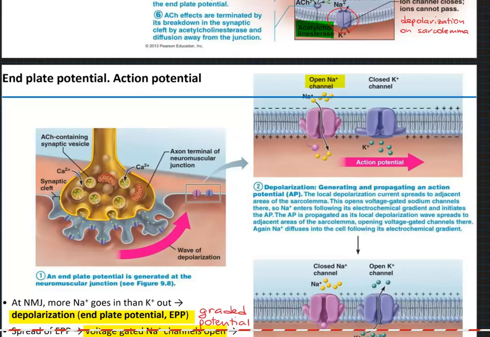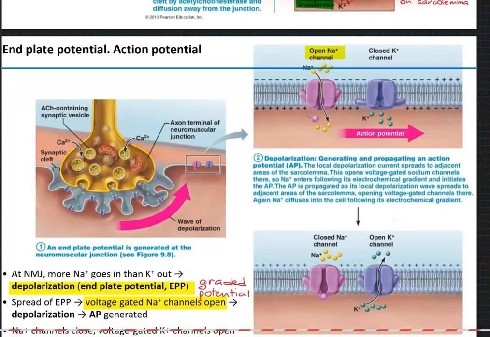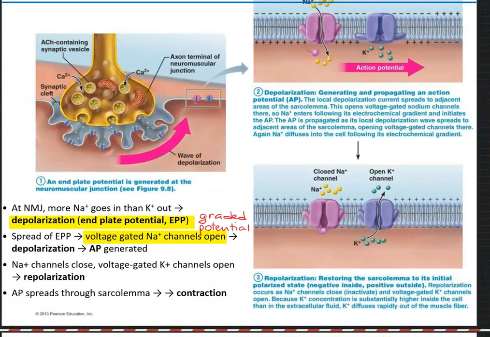So once the threshold is reached, opening of that sodium channel will result in action potential, which will sweep through the sarcolemma.